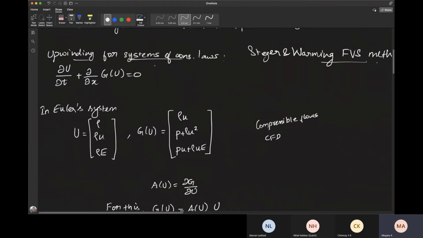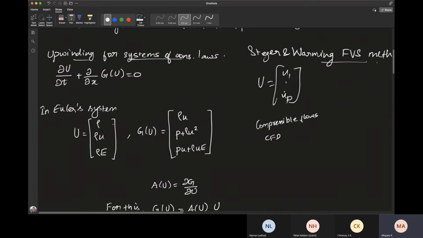For systems of conservation laws, we have a system consisting of the conserved variable u and the flux vector g of u. For now, let us do it for Euler's system only. Previously, we saw how to do it for any general system with u being any conserved variable vector.